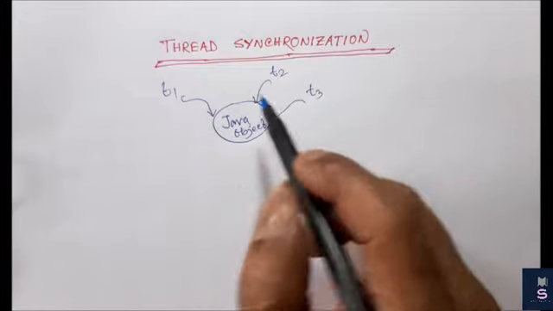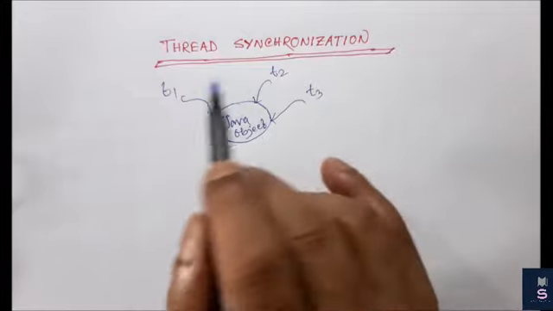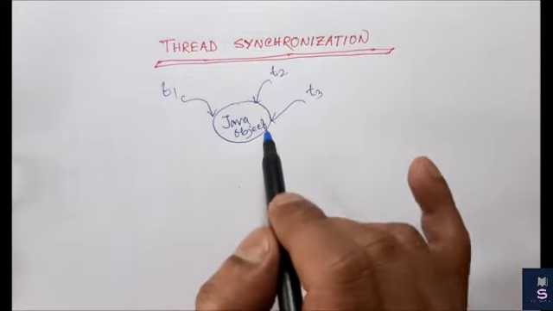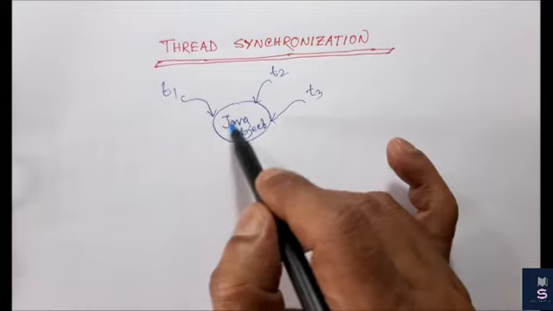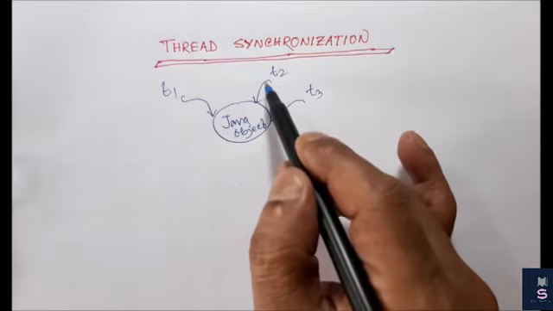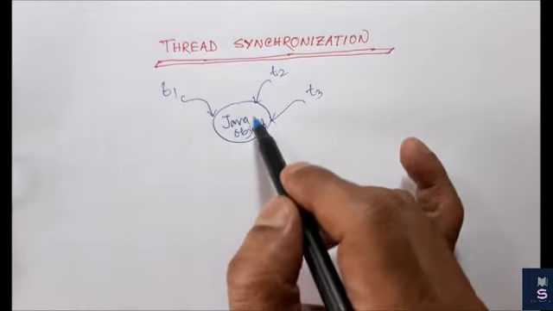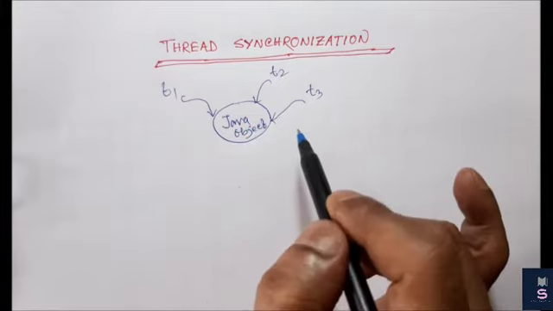So we have seen that multiple threads are going to access the same object. What will happen if some thread is going to update this data and some other thread is going to read at that time? There may be data inconsistency.